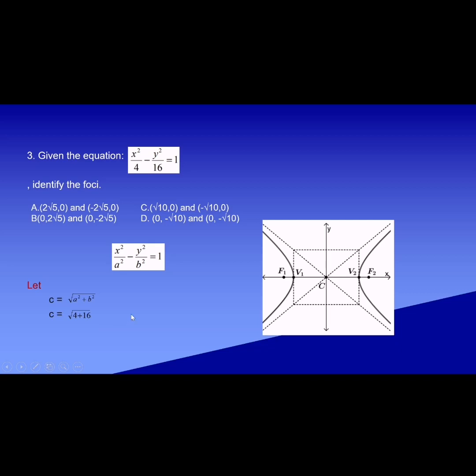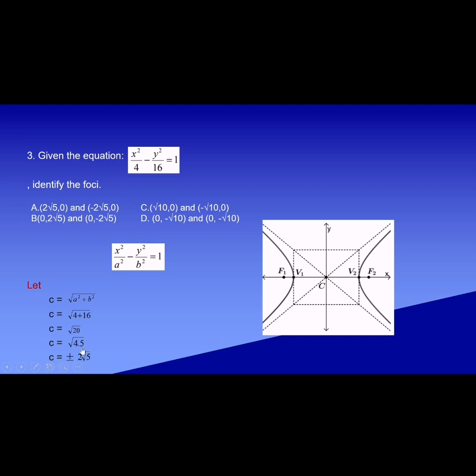So okay, get the sum of 4 plus 16 is 20, plus natin yan, then the square root of 20, so we must factor 4 times 5, then the square root of 4 is 2. Since this is radical, we can use plus or minus.